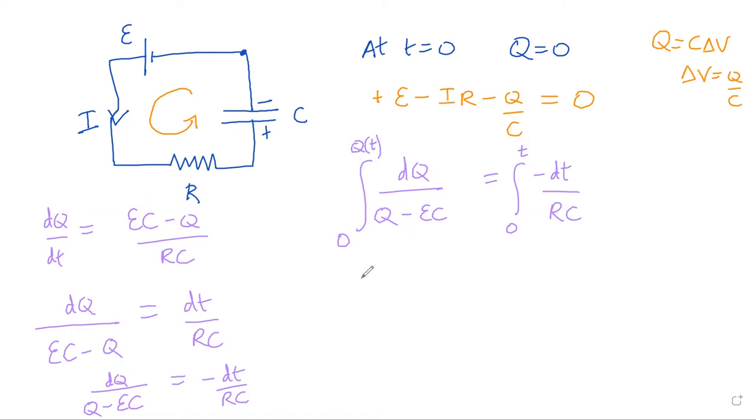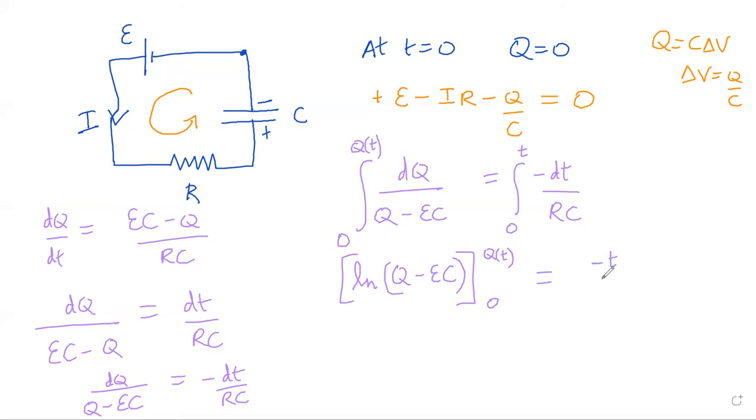On the left-hand side, since E and C are constants, we can find that this is a natural log. So we have natural log of Q minus EC, the whole evaluated at the limits, Q of t and 0. On the right-hand side, again, R and C are constants.